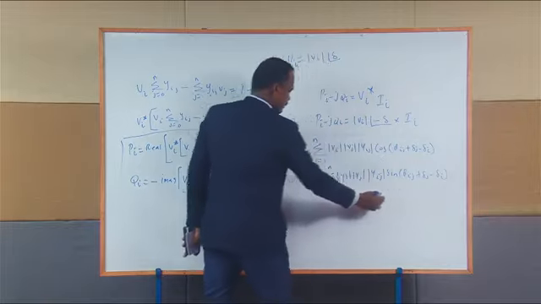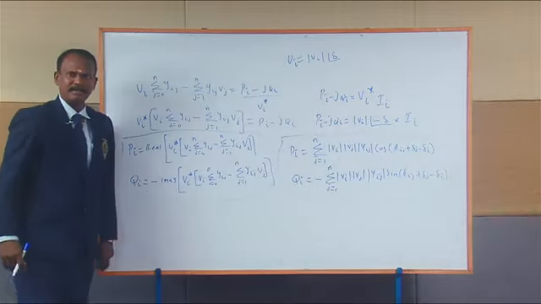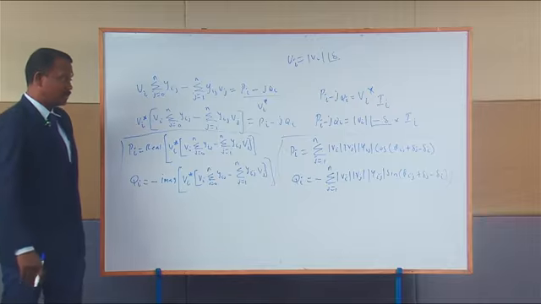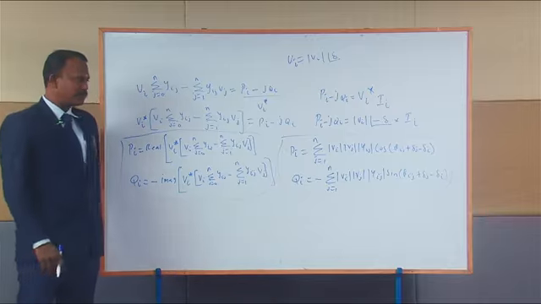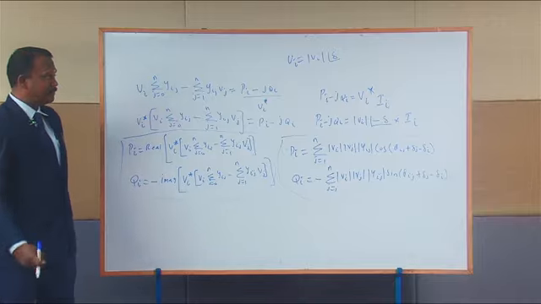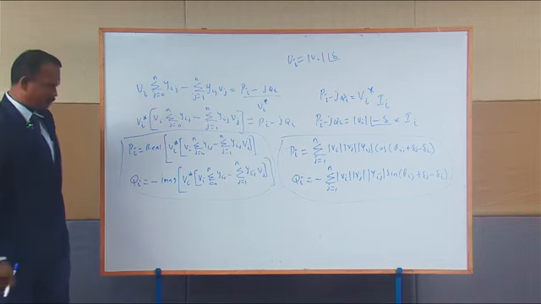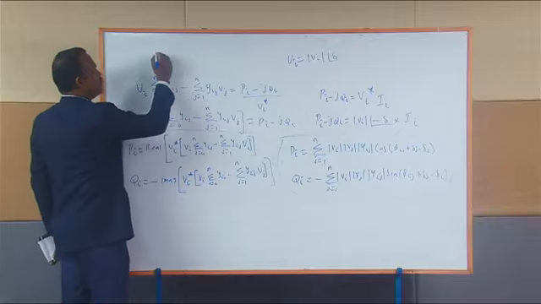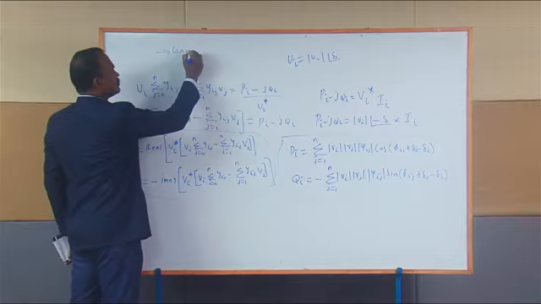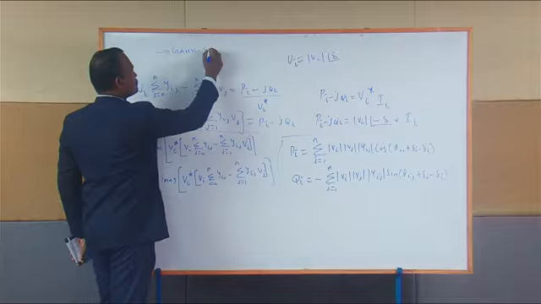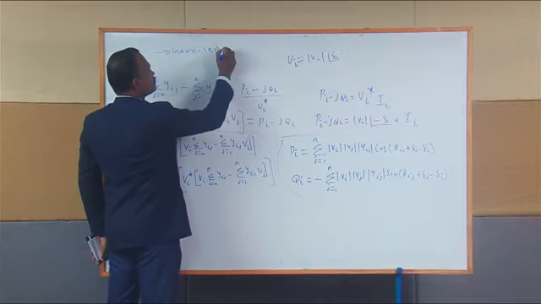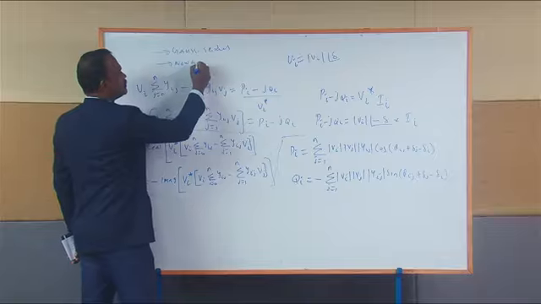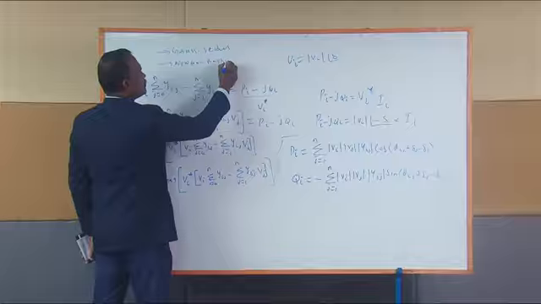Okay, so you may ask, what is the need for deriving the equations in both rectangular form and polar form? Because we have many methods to solve the power flow equations. Mainly, we are using two important methods for getting the solution for the power flow equations. The first method, we call the Gauss-Seidel method. The second method, we call the Newton Raphson method.